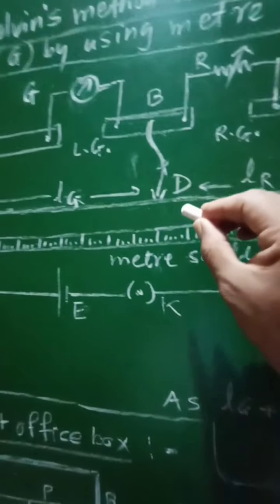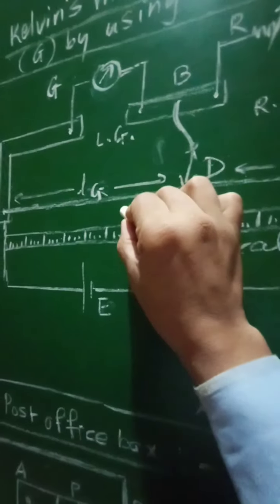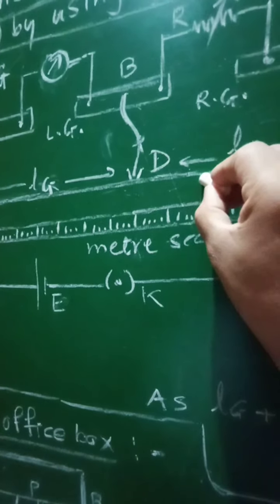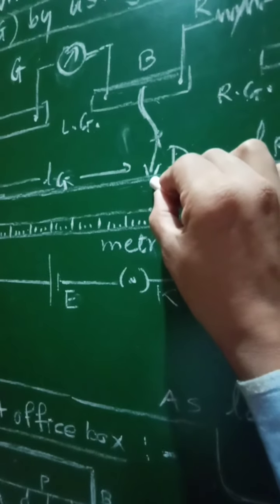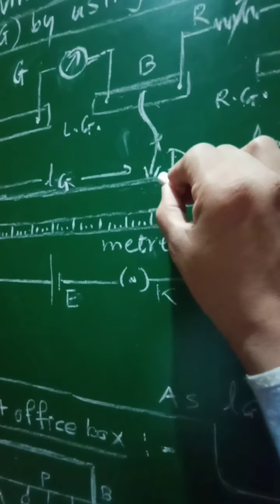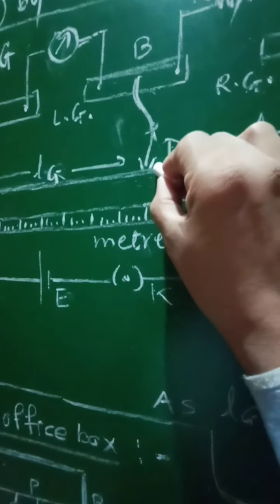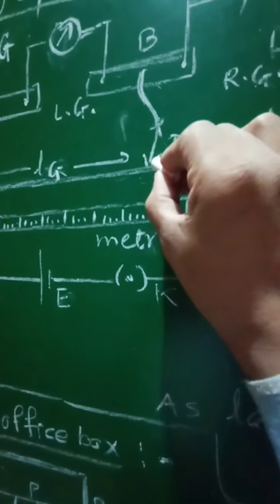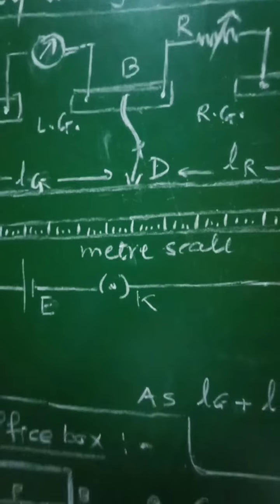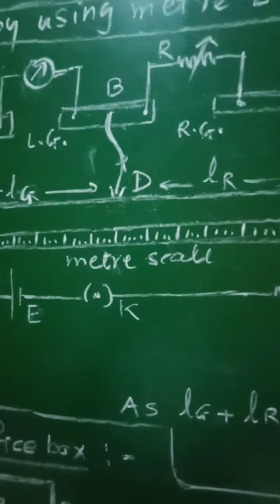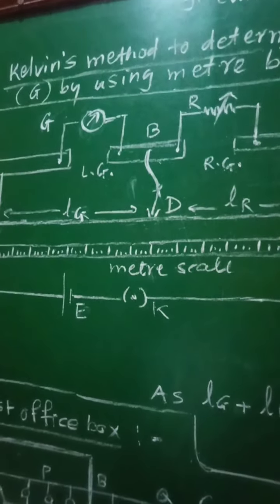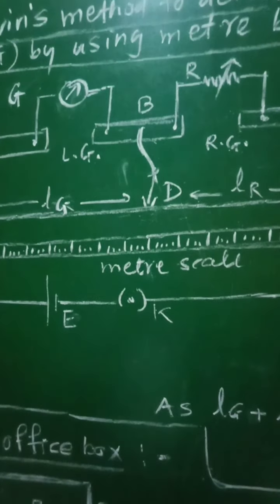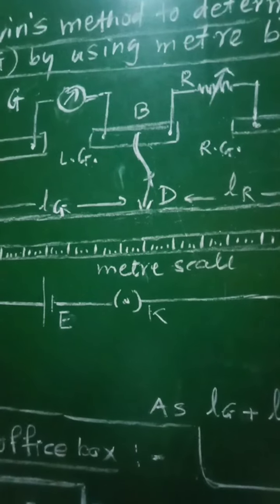So when this jockey is tapped at different points along the length of this wire, it will be observed that for only point D, the galvanometer will show the same deflection as it shows before touching the jockey to this wire. So only at a single point D we will get the same deflection without touching the jockey to that wire, and after touching the jockey to that wire at point D.